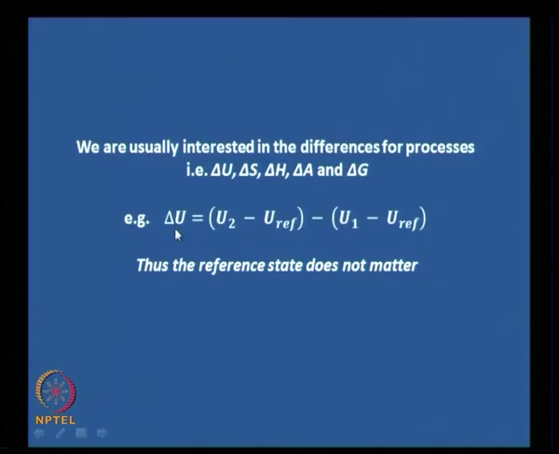Mathematically, for example, delta U is nothing but U2 minus U reference, minus U1 minus U reference. Therefore, the U reference terms will cancel out whenever we are looking for delta U, and thus whatever we choose as a reference state will not really matter in the calculations. This gives us a freedom to choose whatever reference state we want in terms of processes.